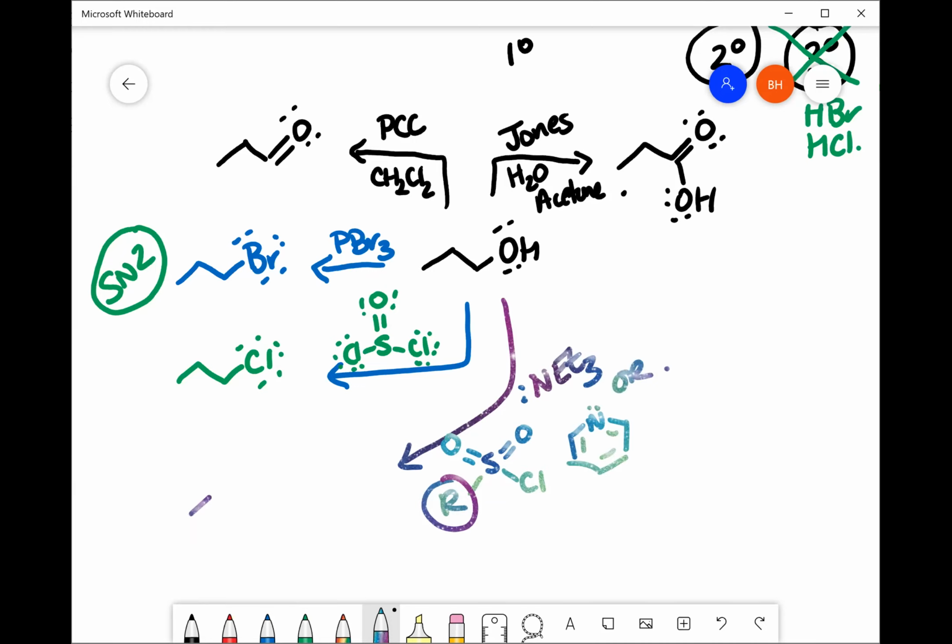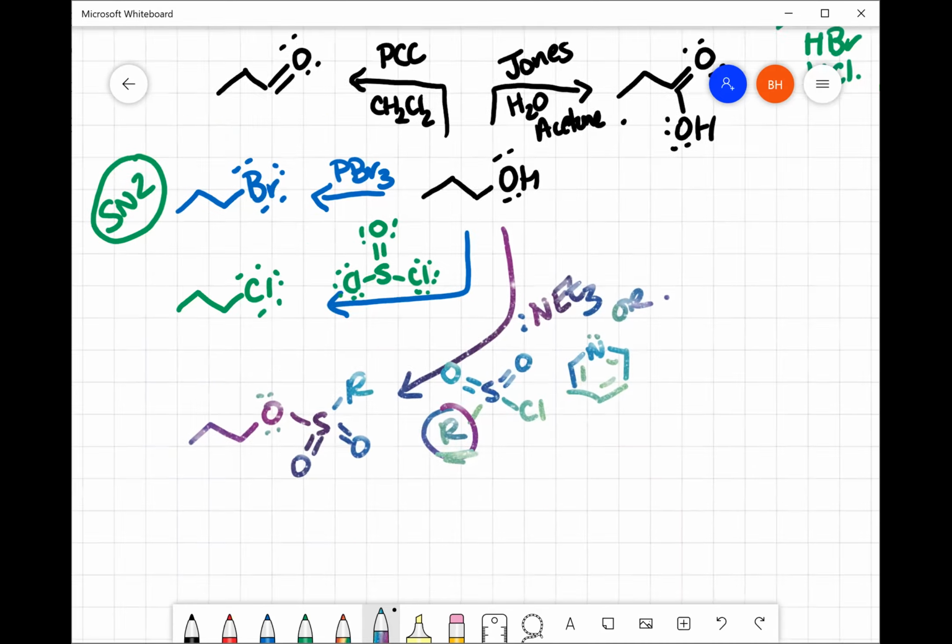This would make the sulfonates, which are good leaving groups. They all varied by their R group. The mesylate was a methyl. Sorry, the triflate was a methyl with 3 fluorines on it. The tosylate was the aromatic ring with the methyl on it.